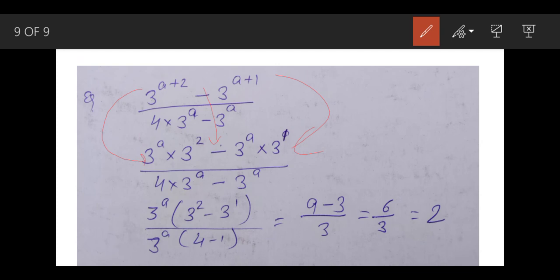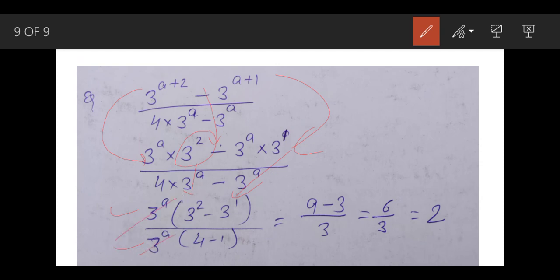Now taking out 3 to the power a common from the numerator as well as from the denominator. When we take 3 to the power a common from the numerator, we will get 3 to the power 2 minus 3 to the power 1. In the denominator, when we take 3 to the power a common, we will get 4 minus 1.